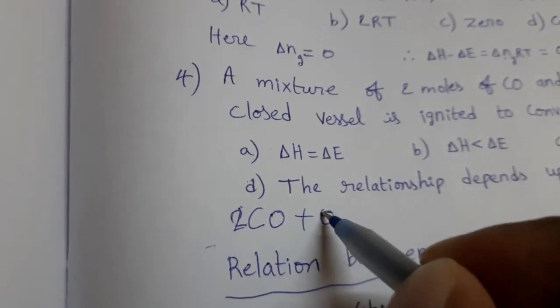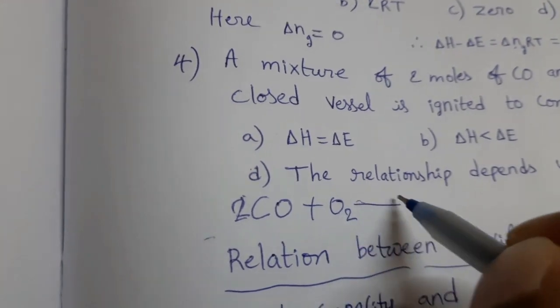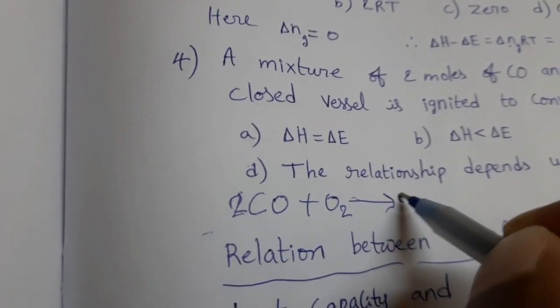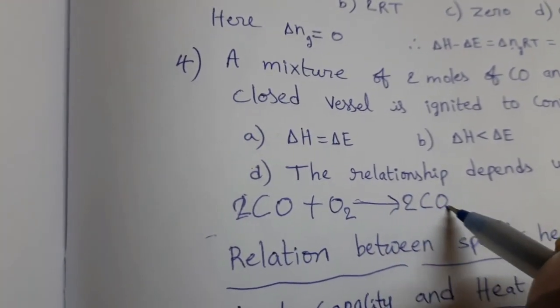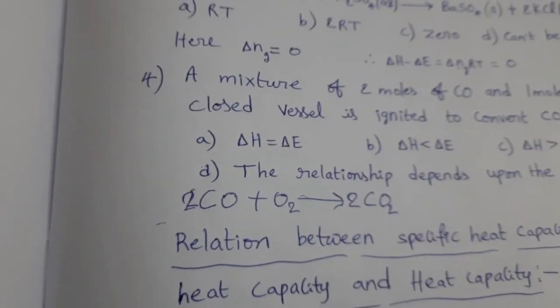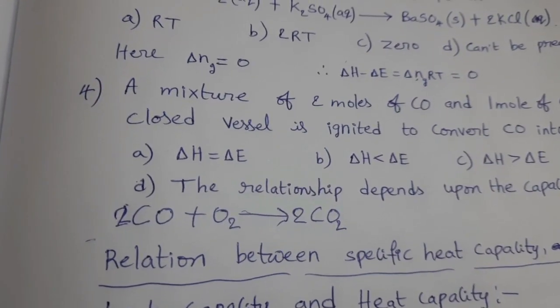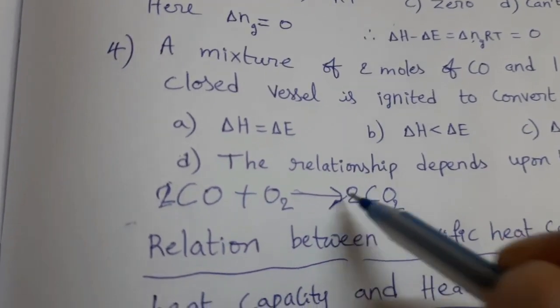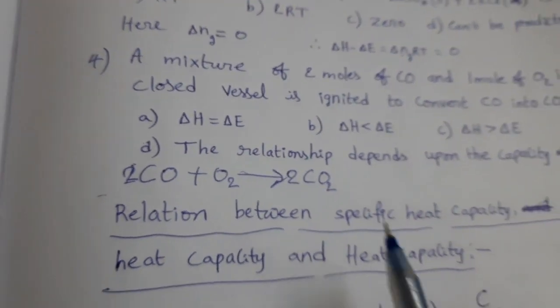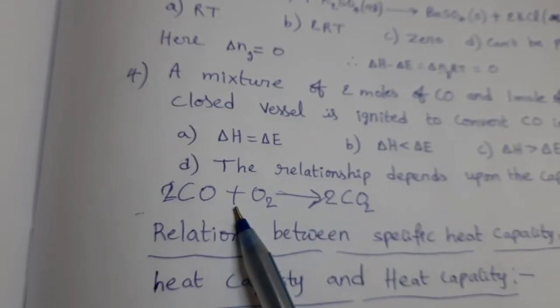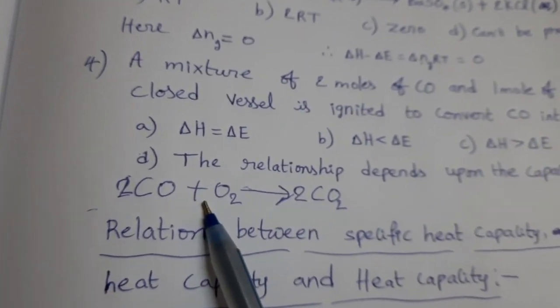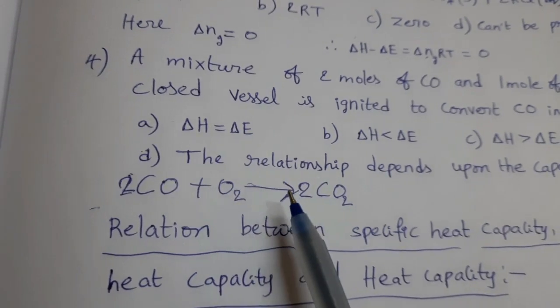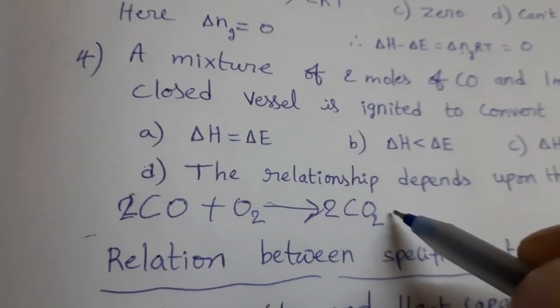If we calculate delta Ng, 2 minus 3, 2 minus 3 means delta Ng equal to minus 1.